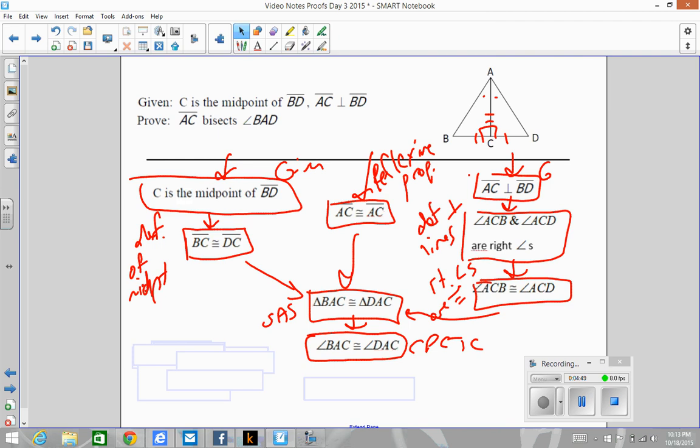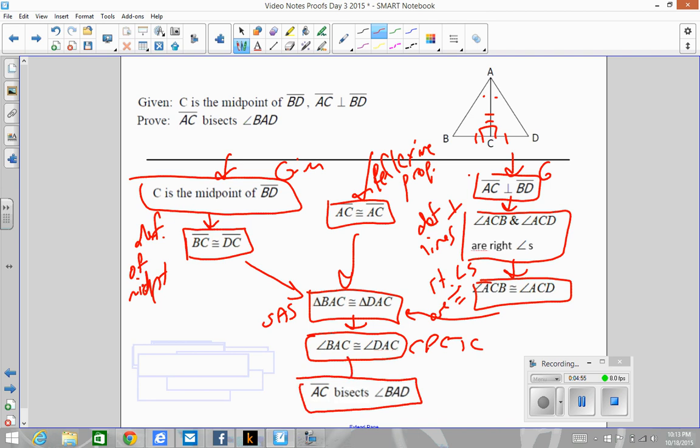And if I can say those two angles are congruent, then I can say that AC is a bisector by the definition of an angle bisector. The definition of angle bisector is if something's an angle bisector, it creates two congruent angles, and the converse is also true. If I have two congruent angles, then I have the angle bisector. And there's our proof.